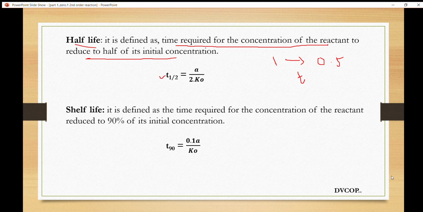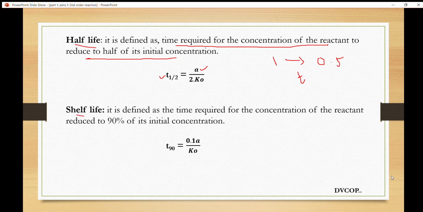So this half-life is given by t half equals A divided by 2 into K0. Here A is the concentration of the reactant, 2 is the factor, and K0 is the rate constant of a zero order reaction.